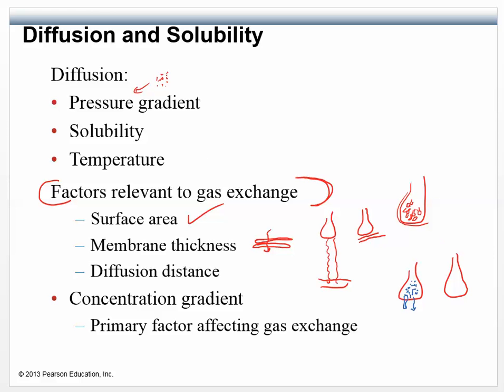If we just have a few oxygen molecules in here, that's not going to be good enough, and we're not going to have as much diffusion as when we have lots of them. So we say that's the primary factor affecting gas exchange. That's why we breathe the outside air. That's why we breathe heavier when we're exercising, because we want to get more oxygen exchange taking place.